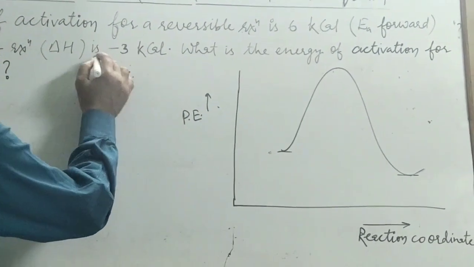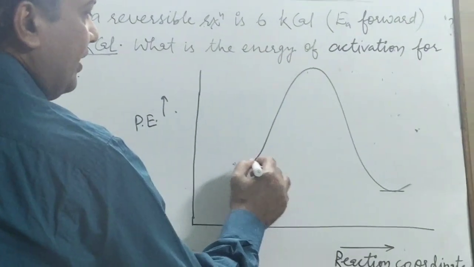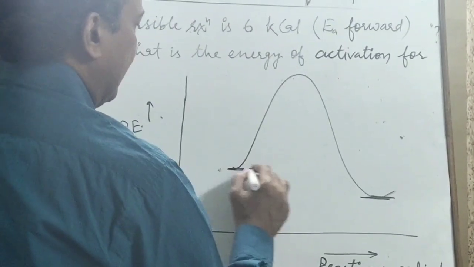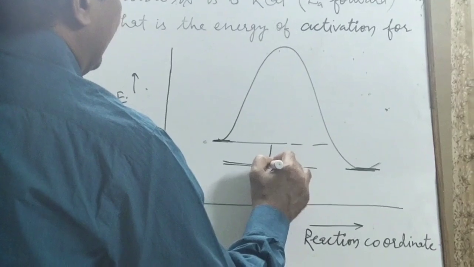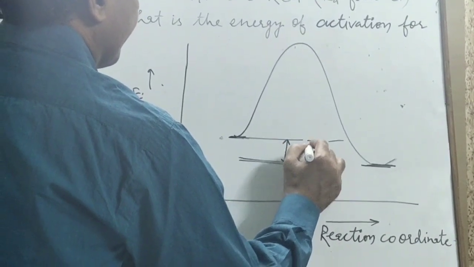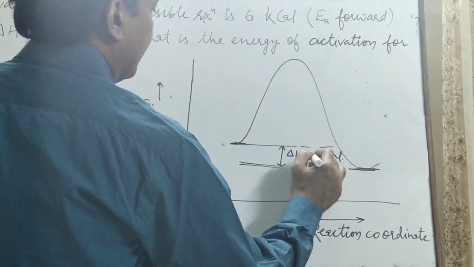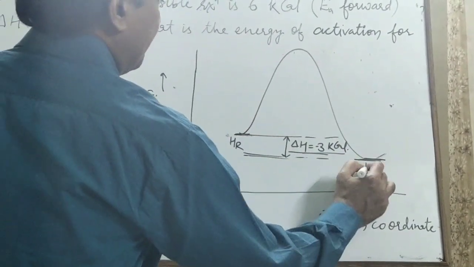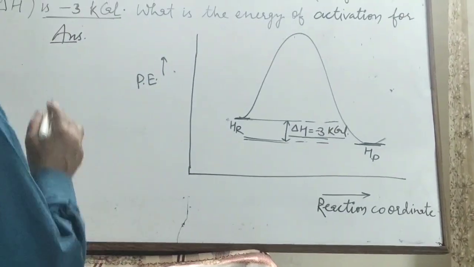Since delta H is minus 3 kilocalorie, the energy of reactant will be more than the energy of the products. The difference between the enthalpy of reactant and enthalpy of product is minus 3 kilocalorie.